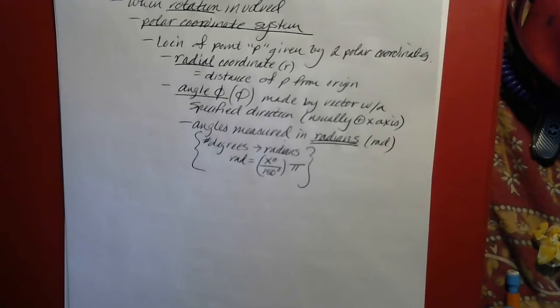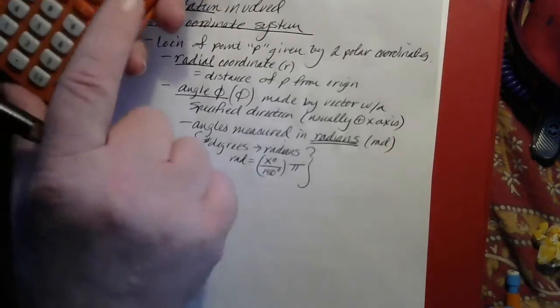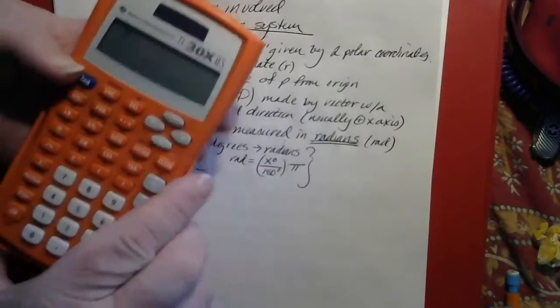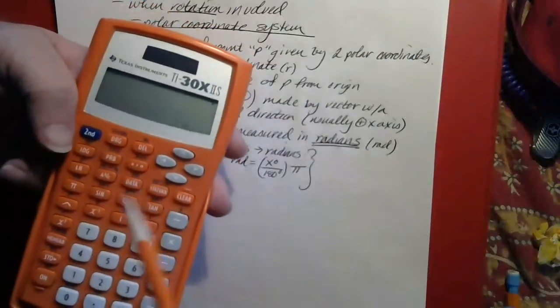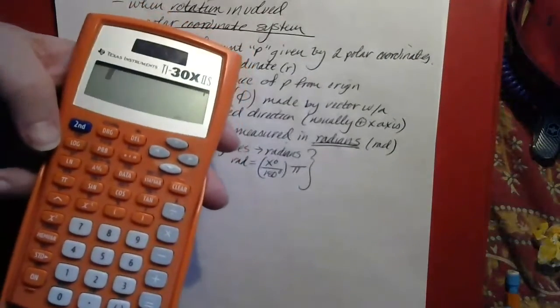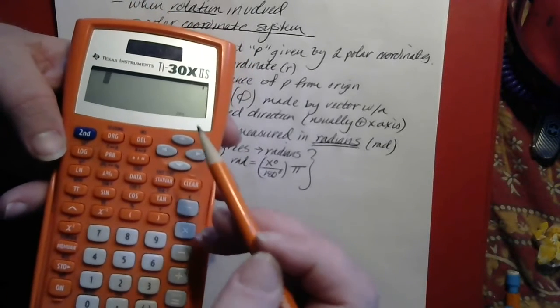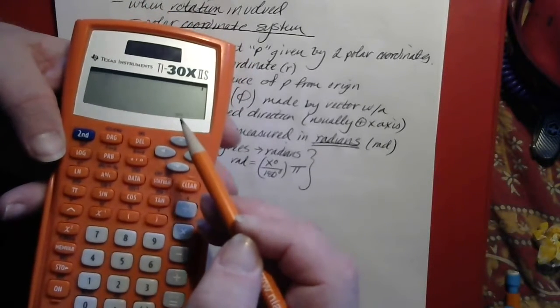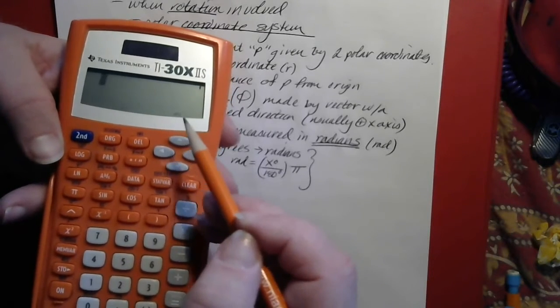And it's also important to keep in mind that if you're going to be doing calculations involving radians on your calculator, you have to change the setting. If you have a calculator like mine, and I think this model, although maybe not this color, is the most common one out there for scientific calculators, if you look down in the lower right-hand corner, you'll notice it says DEG. That stands for degrees.